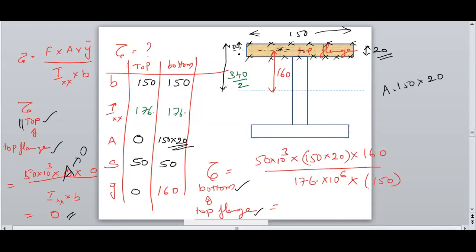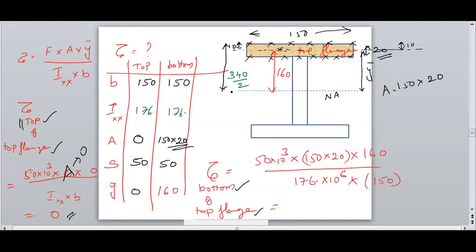Now I need to find out the local centroid for this shaded area. So it is at a distance of 10 mm from the top, but I need it from the neutral axis, this distance, that is nothing but the Y bar.